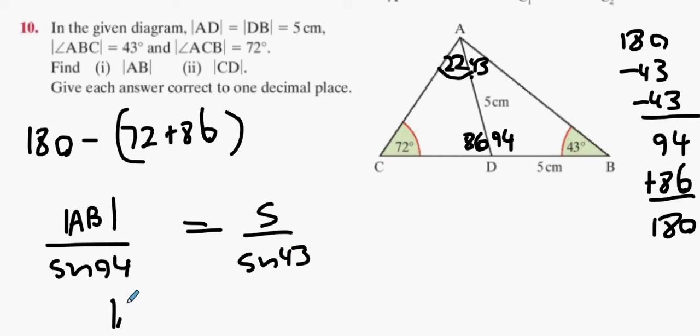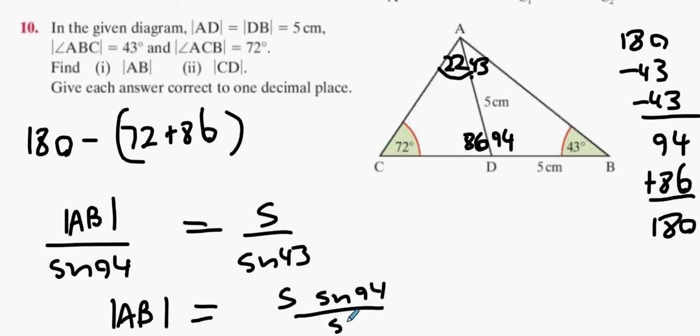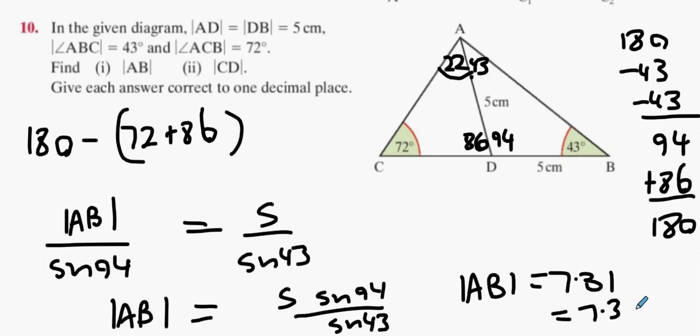AB on its own is 5 sine 94 over sine 43. Which is 7.31. To one decimal place, 7.3 centimeters.